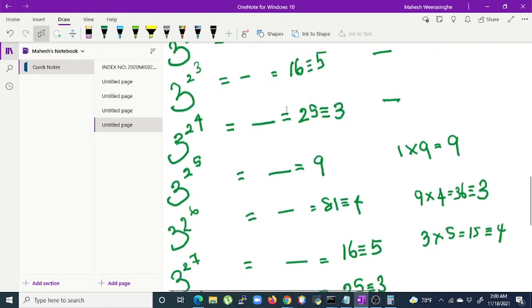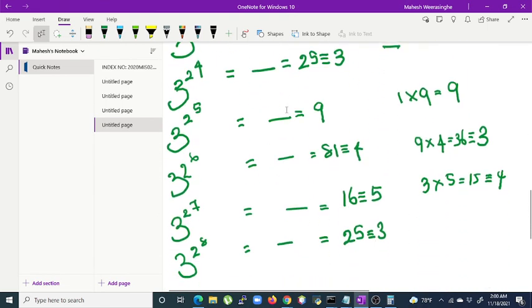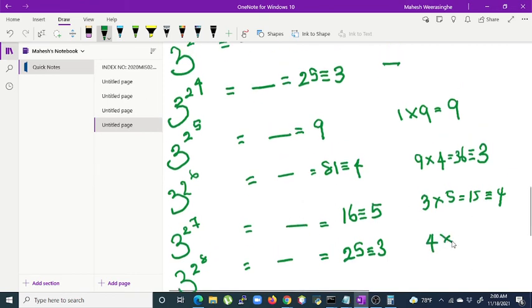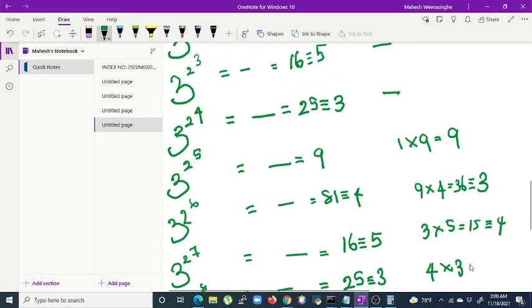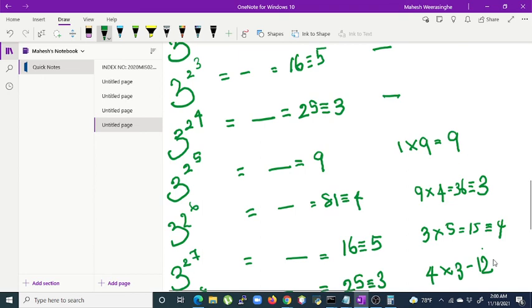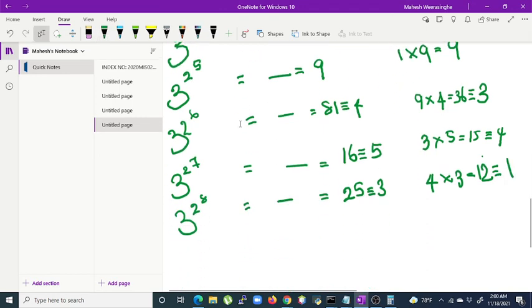Yeah, it's 1, so then it should go to the answer section, and here the previous value is 4, and I'm multiplying by 3, and it's 12, and it's congruent to 1, because when I divide 12 by 11, the remainder is 1.